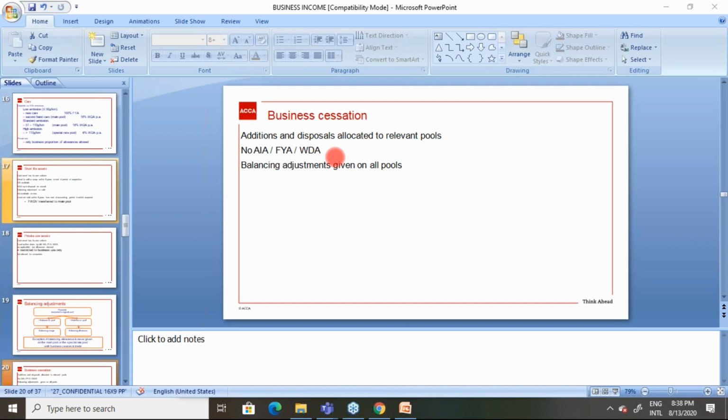What you have is either a balancing allowance or balancing charge. No AIA, no FIA, no WDA in your last period of account. The only adjustment will be the balancing adjustment, which will result in either balancing allowance or balancing charge.